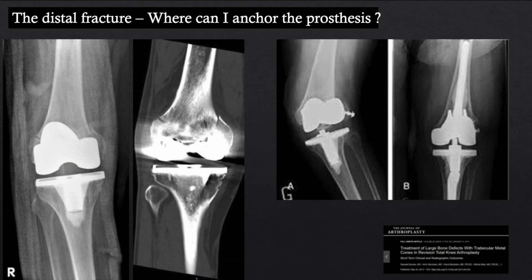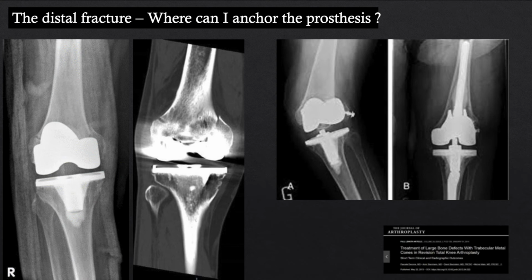This is one option. So if you think carefully, if you have something distal and you're going to have to revise, you should have enough metaphyseal, diaphyseal structure left for you to secure your implant well.